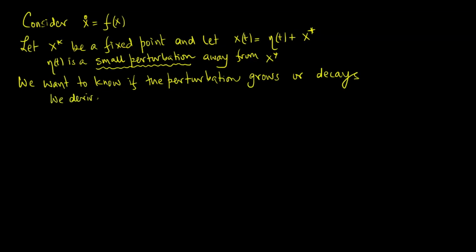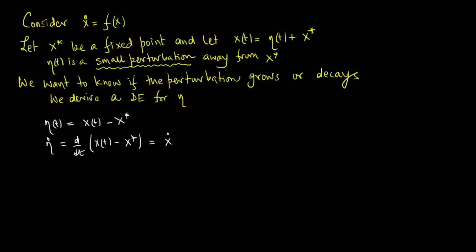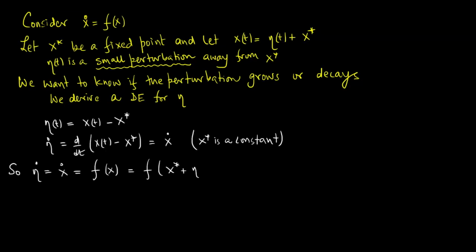So we go ahead and derive a differential equation for eta. So eta of t is equal to x of t minus x star. So eta dot is equal to d/dt of x of t minus x star, which is equal to x dot, as x star is simply a constant. So eta dot is equal to x dot, which is equal to f of x, which is equal to f of x star plus eta.